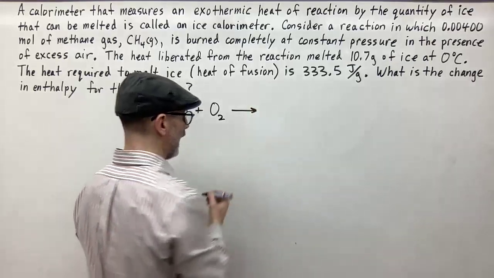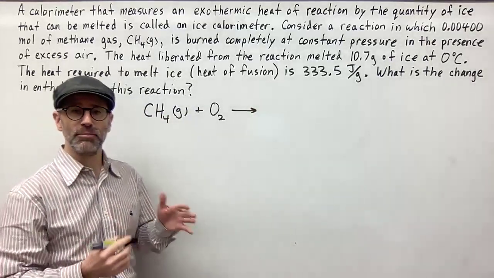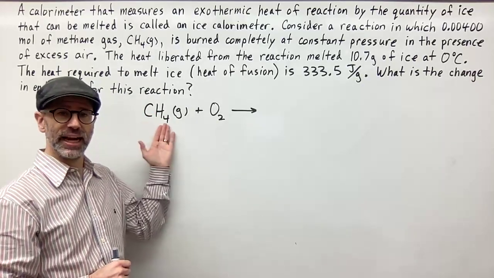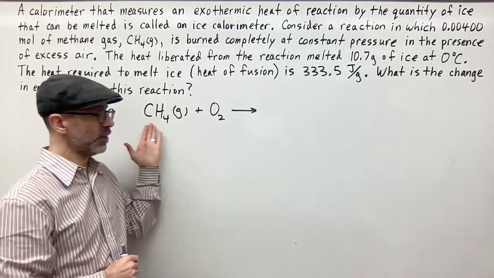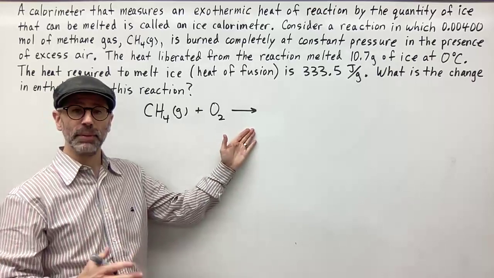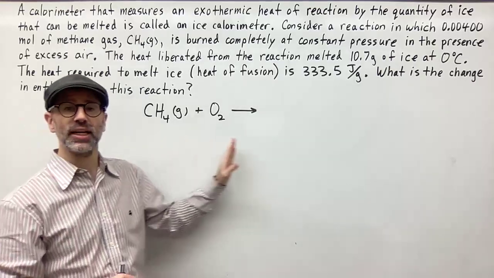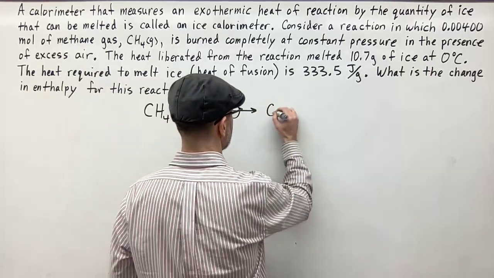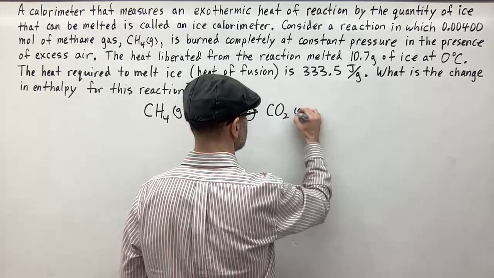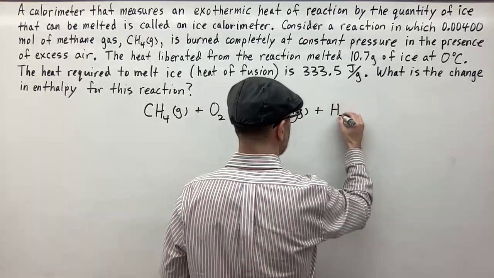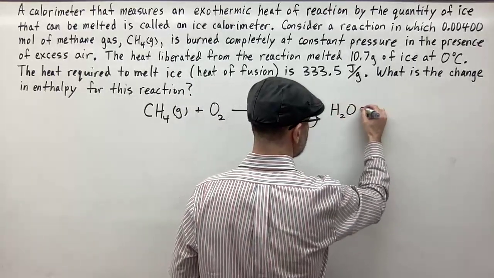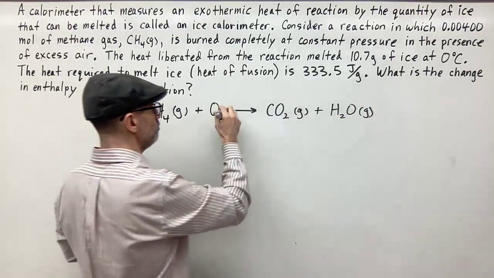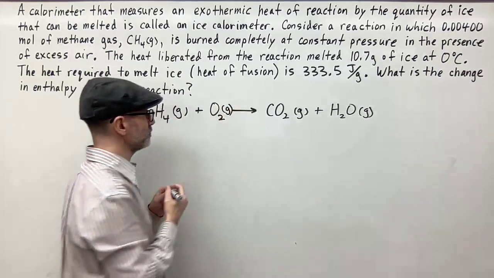And as you should know, for any combustion reaction that involves a hydrocarbon, C and H, the assumption is that this is a complete combustion and therefore the only products are going to be carbon dioxide and water. So we're going to end up with CO2 gas plus H2O gas or liquid. Doesn't matter in this case. Oxygen is a gas.